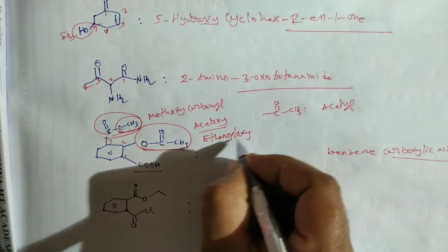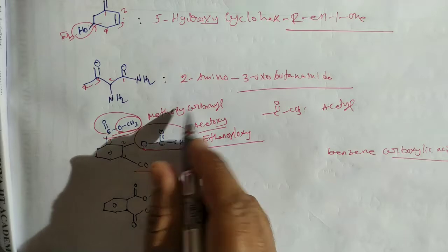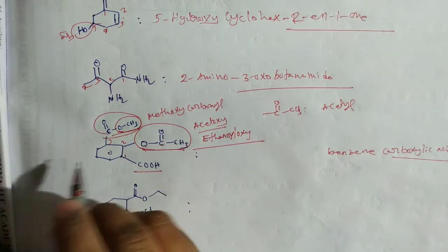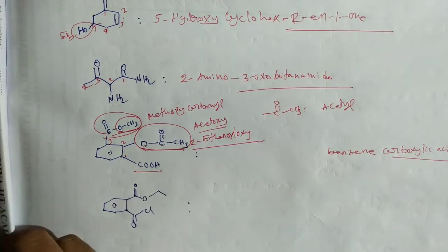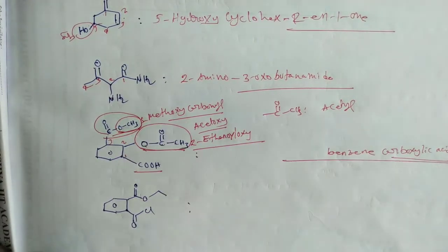So here in this case acetoxy and methoxycarbonyl, or ethanoyl oxy. That means 2 ethanoyl oxy and 3 methoxycarbonyl benzene carboxylic acid, that is the IUPAC name.